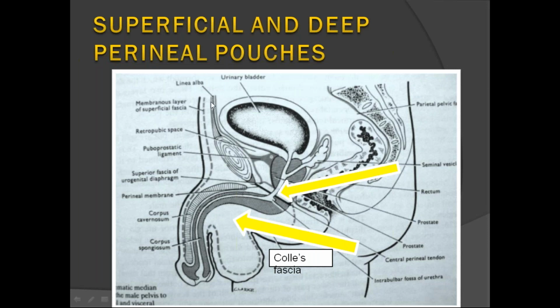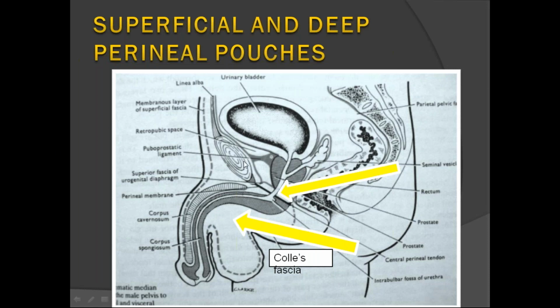Scarpa's fascia continues with the fascia of the penis, otherwise called Buck's fascia, and the fascia of the scrotum, and continues with the same fascia of the perineum. In the perineum, this fascia changes its name and is called Colles' fascia.